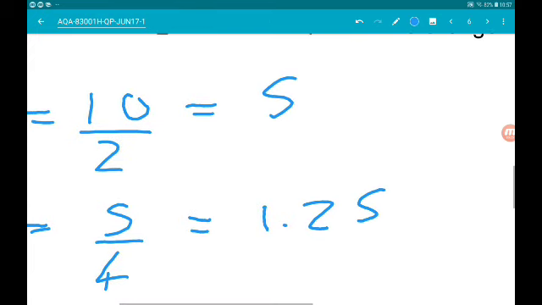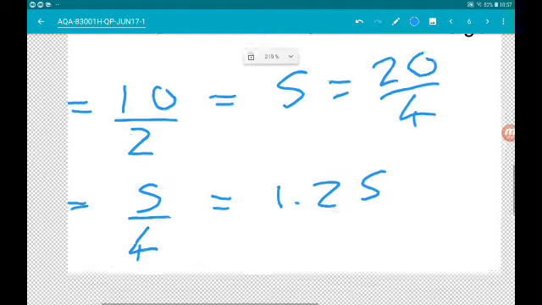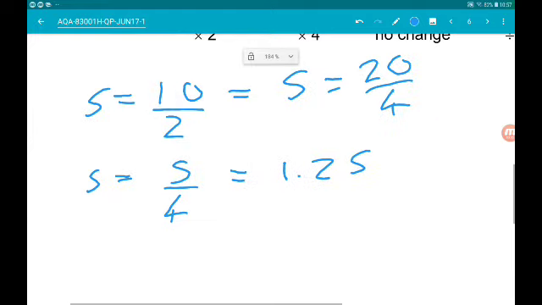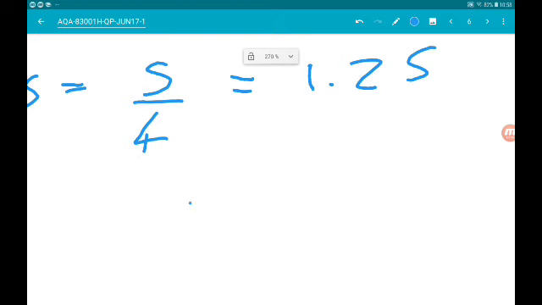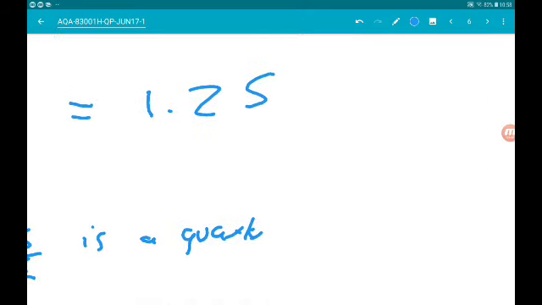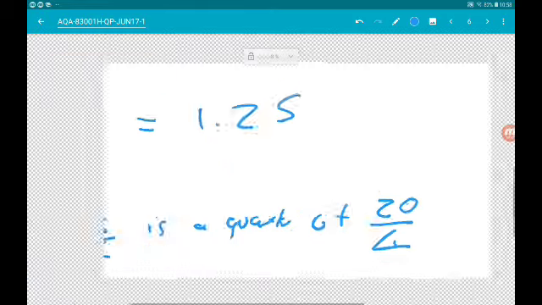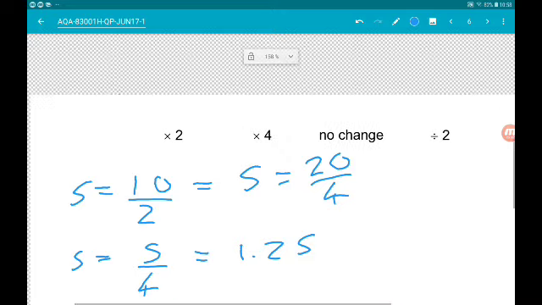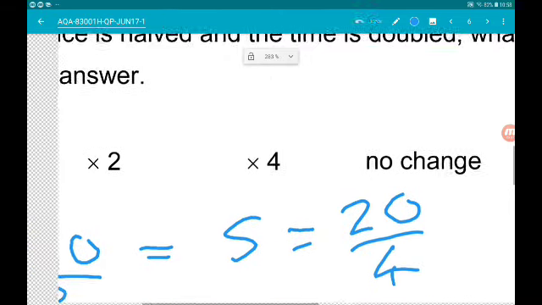So let's turn 10 over 2 into quarters. So that is 20 over 4. Now we can see that 5 over 4 is a quarter of 20 over 4. So the speed has been quartered or divided by 4.